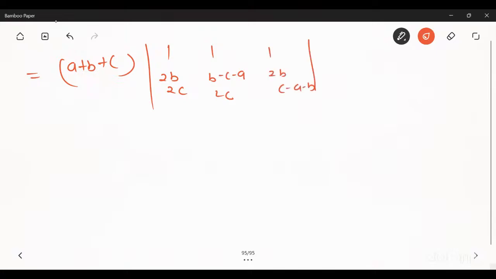Now transform C2 tends to C2 minus C1, and C3 tends to C3 minus C1.